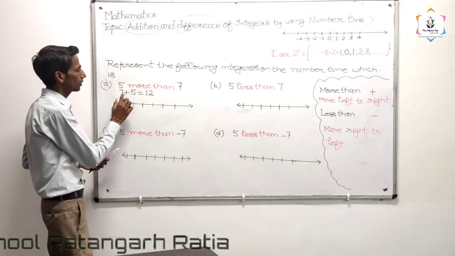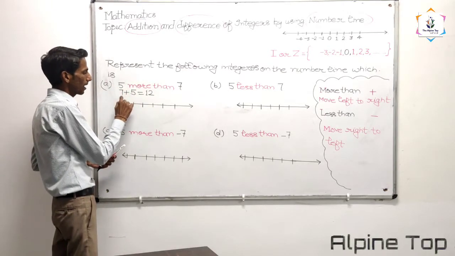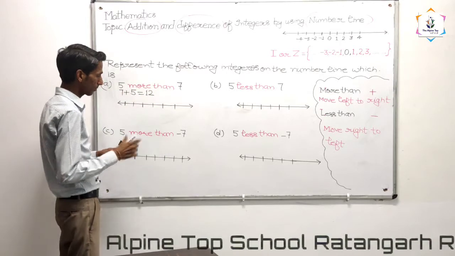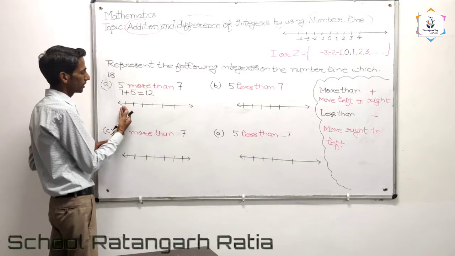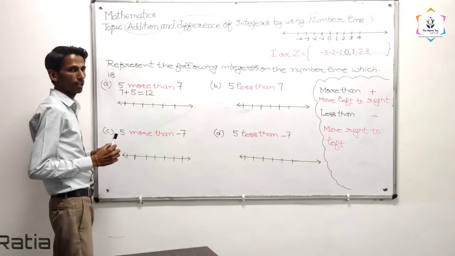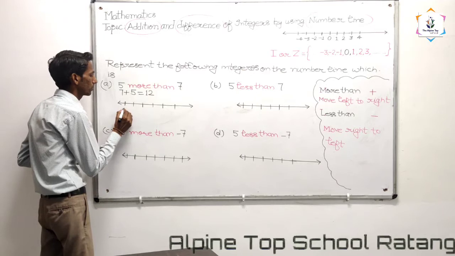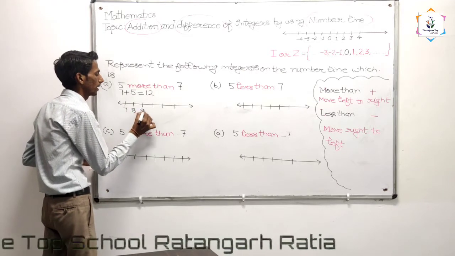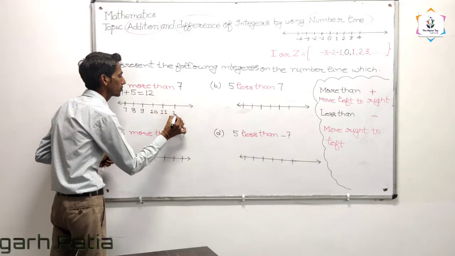Now we have to show 7 to 12 on the number line. Like this I am going to represent. I have already drawn a number line, and with the help of a scale with equal gaps I have already marked it in advance. Here I am going to represent 7, 8, 9, 10, 11, 12.